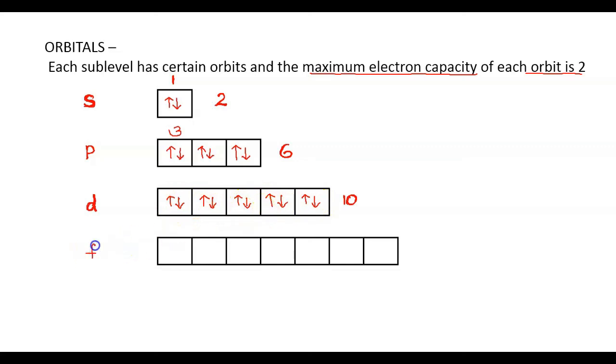Then comes the F sublevel, and here the maximum electron capacity is 14 since there are 7 orbitals.